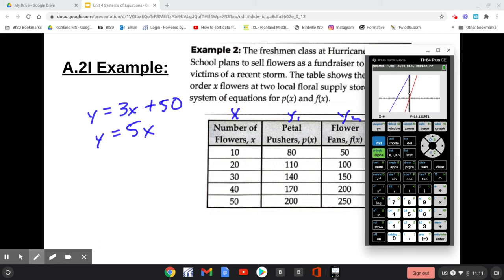So now I'm going to do it one more time. Zoom, 3, enter. Now we can see where it crosses. And now I'm going to hit second, trace, 5, enter, enter, enter. And we know it intersects at x is 25 and y is 125.